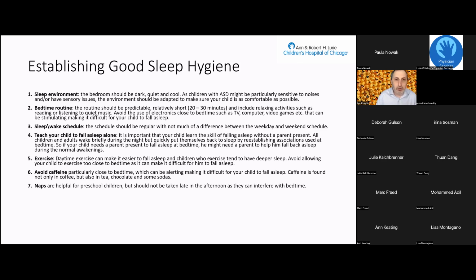So we need to stop electronics and teach our children to stop electronics. Children should go to bed regularly. Weekend is not a reason to go to bed 3 hours later. And I usually tell my parents that switching time is like switching time zones.